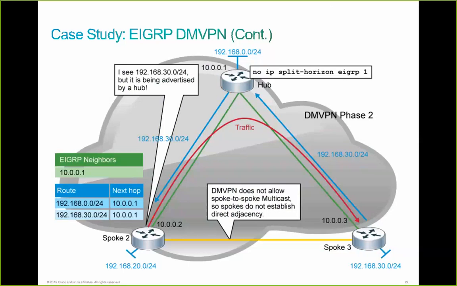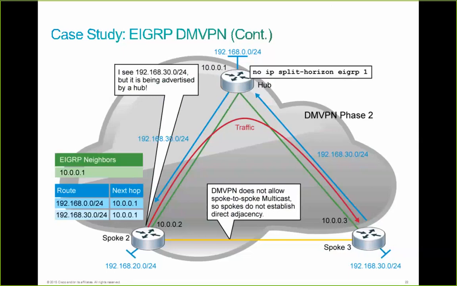Now, we saw the ability to establish multi-point GRE tunnels between the spoke routers when they were needed in DMVPN phase 2. So in phase 2, spoke-to-spoke communication was actually allowed. But spoke-to-spoke tunnels still do not relay multicast. So even if you have spoke-to-spoke EIGRP communication or any kind of spoke-to-spoke communication, spoke-to-spoke EIGRP adjacencies don't get established.